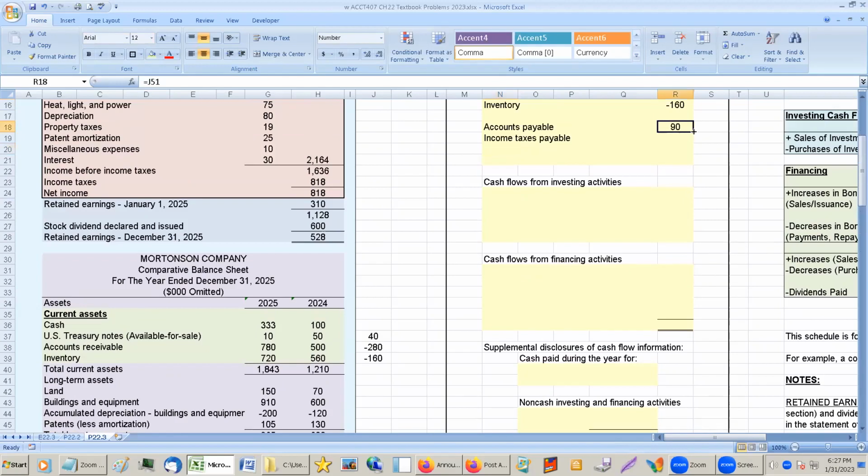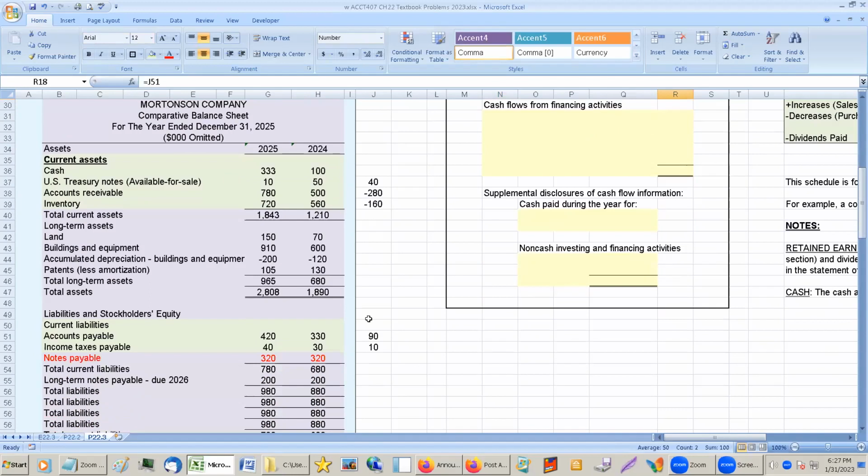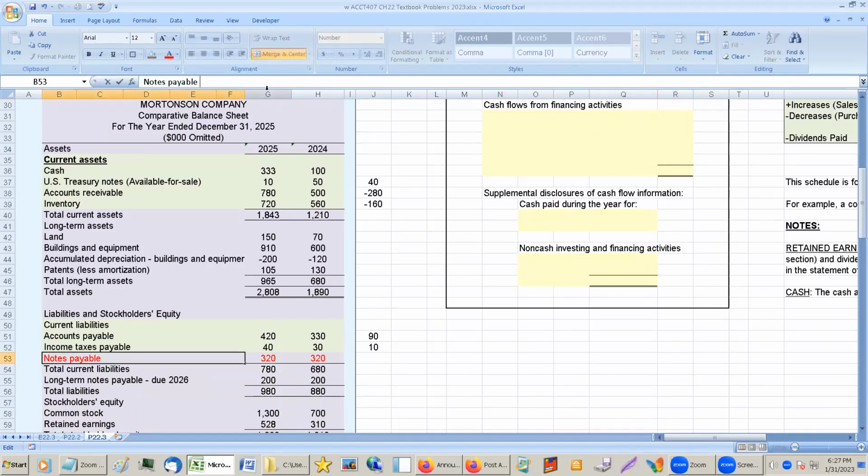No, Agnes capital. There's no payable. This is going to go in the financing section, but it's not going in the financing section. It didn't change.